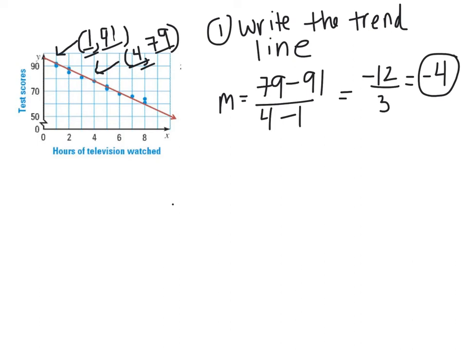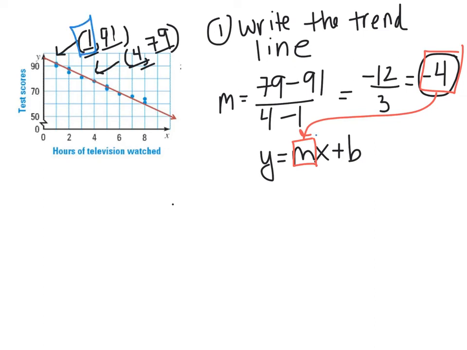So I'm going to take that and plug that in to y equals mx plus b. So negative 4 is my m value, so it goes in for m. And then I'm going to pick one of my points, so I'll just pick the first one. 1 is my x value, so that's going to go into the equation where x is. 91 is my y value, so that's going to go in for my y.